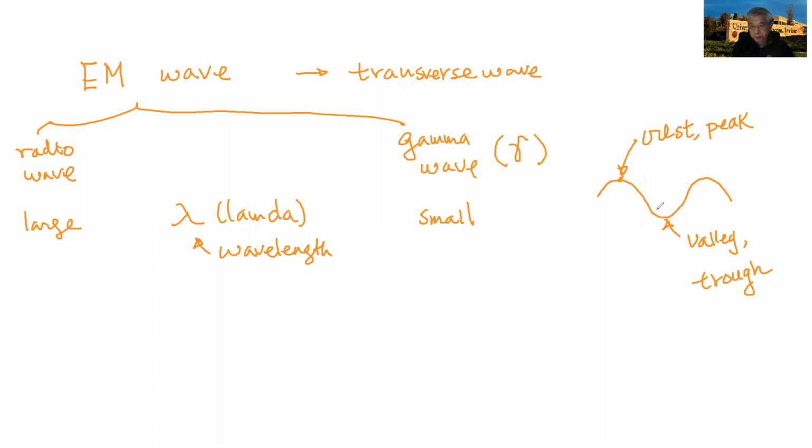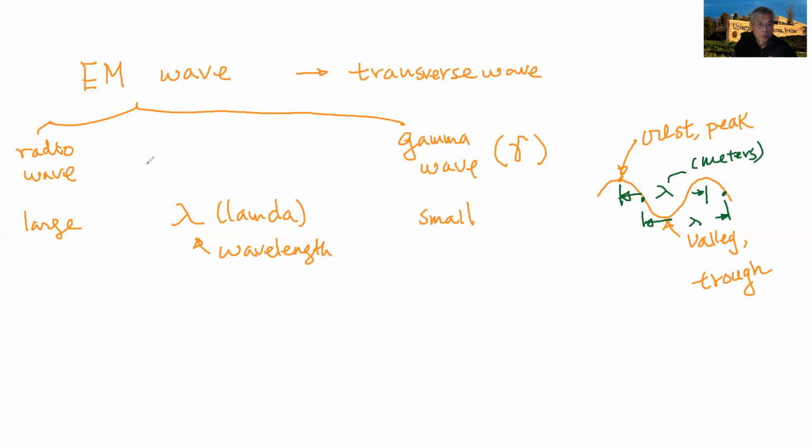When we say wavelength, we're talking about from here to here, for example, that's your lambda. You can also look at it from here to here, that's also your lambda. That's your wavelength, and the unit for lambda is meter.